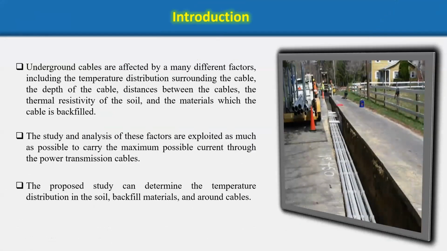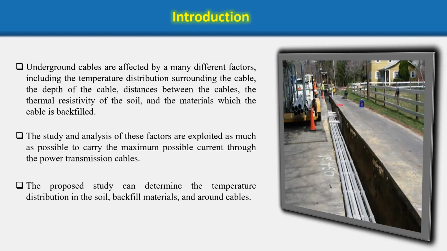Introduction. Underground cables are affected by many different factors, including the temperature distribution surrounding the cable, the depth of the cable, the distance between the cables, the thermal resistivity of soil, and the materials in which the cable is backfilled.